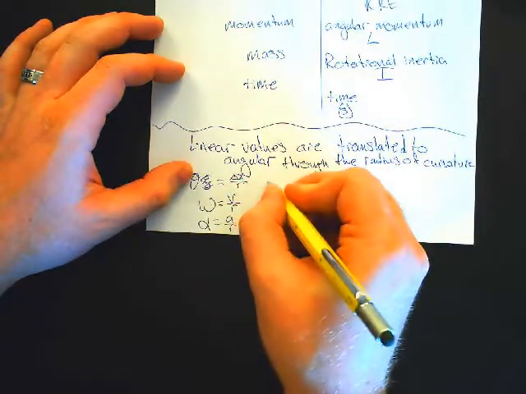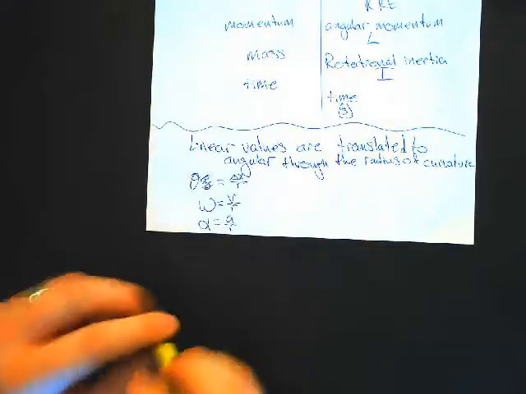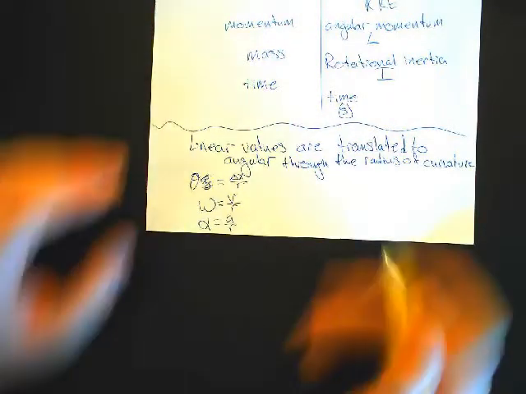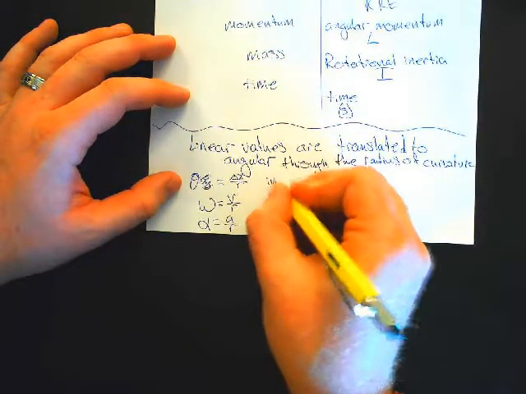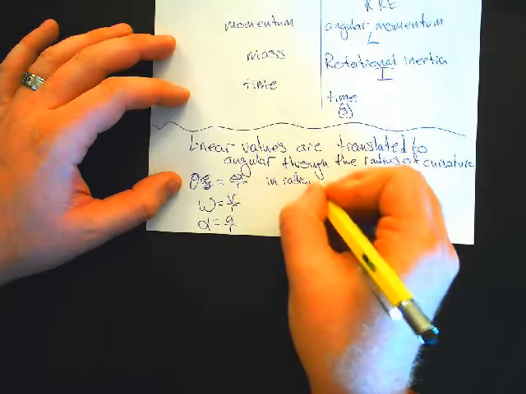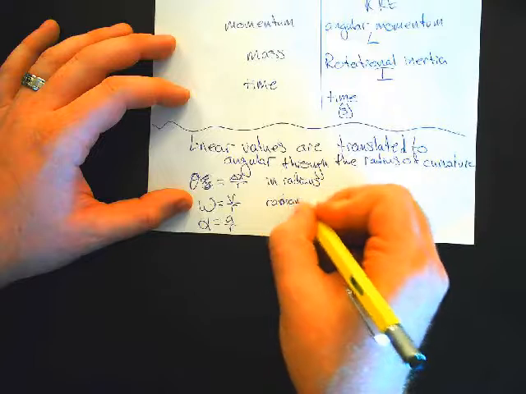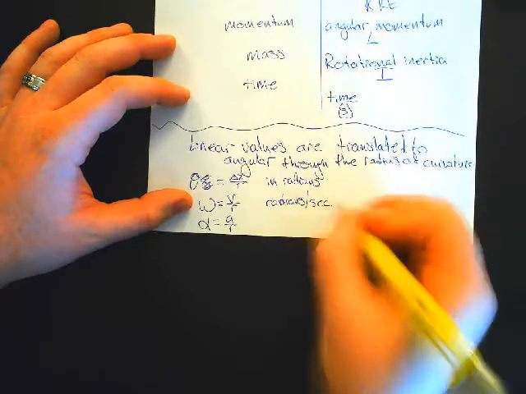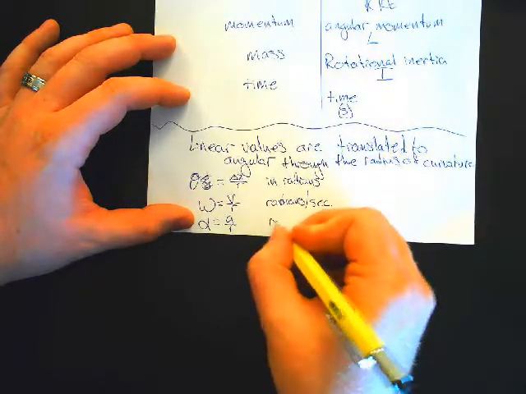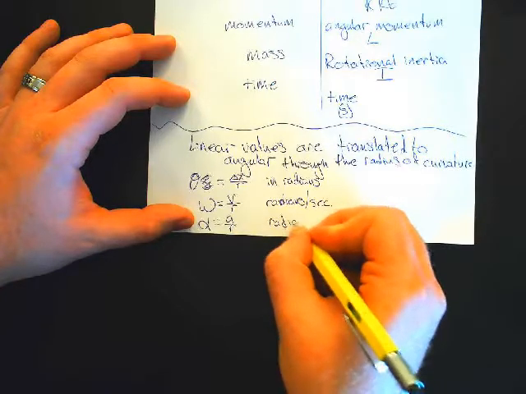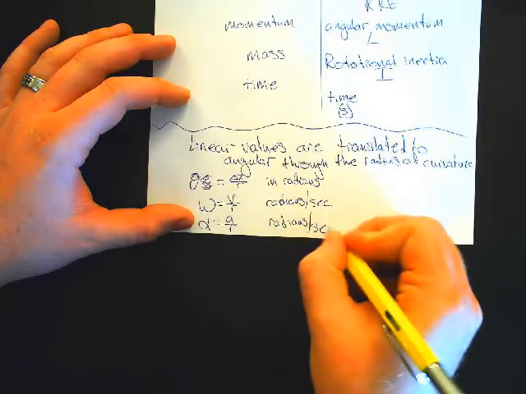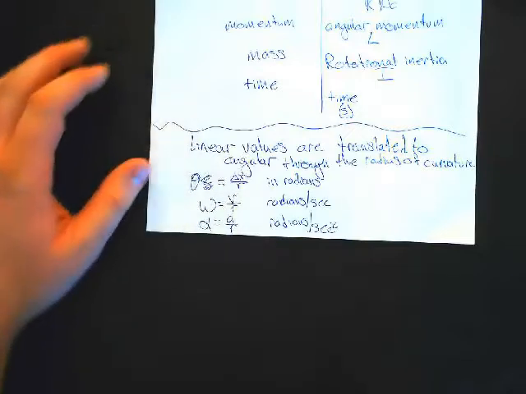Theta is therefore going to be measured, and here's where this class gets all sorts of fun, in radians. Omega is radians per second. And alpha is radians per second squared. Yes, r is radius.